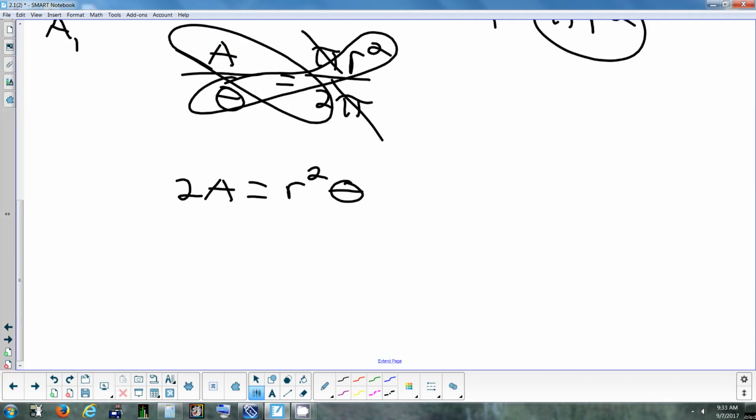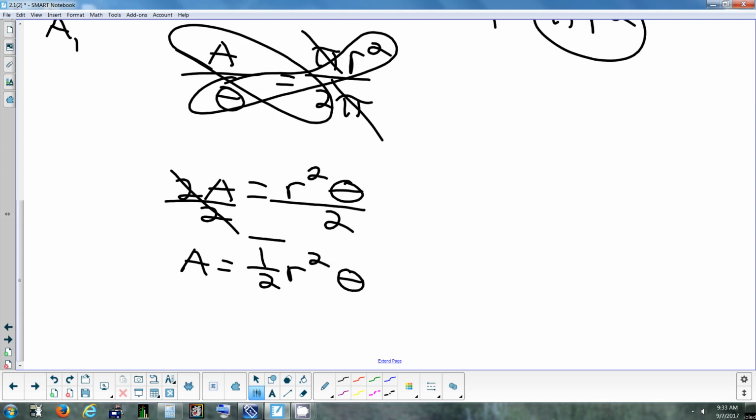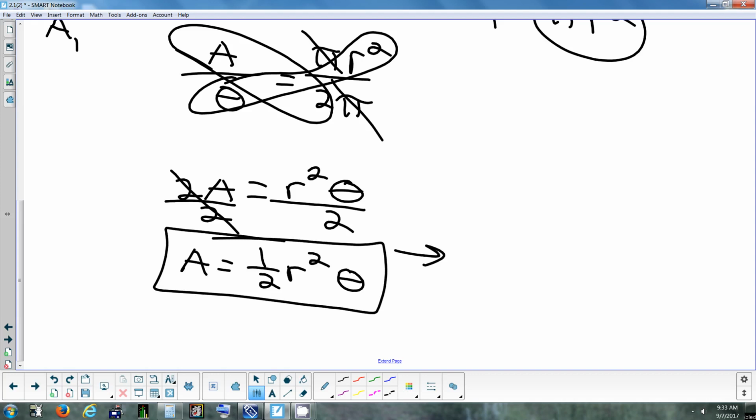Divide by 2, which is the same as multiplying by a half. That's how the book writes it. You could write it either way. So the area of a sector is 1/2 r squared theta.